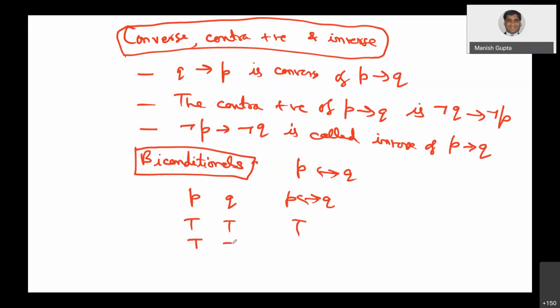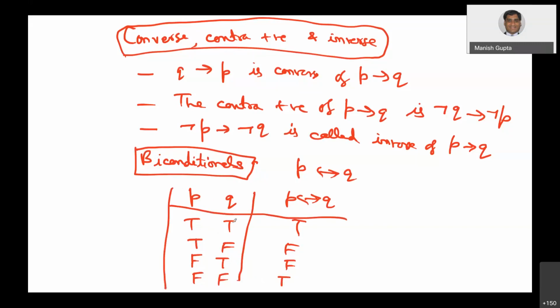P is true, Q is false, this is false. If one of them is false, then this is false. And if both of them are false, then this is true. This is the truth table for biconditional statements.